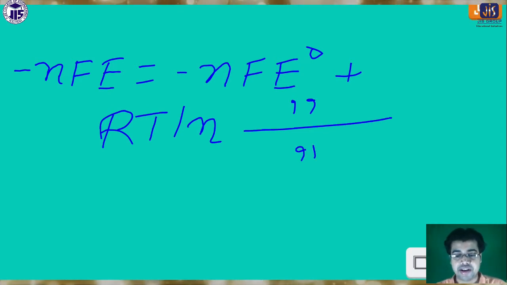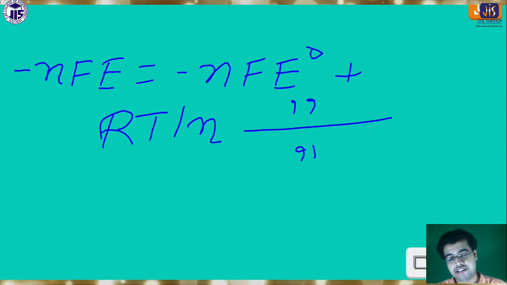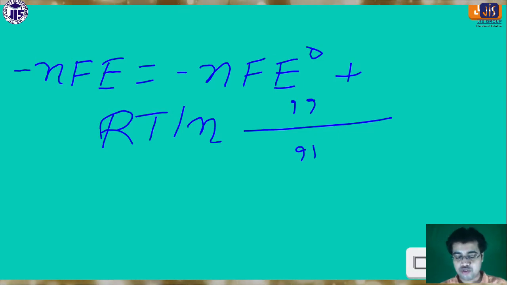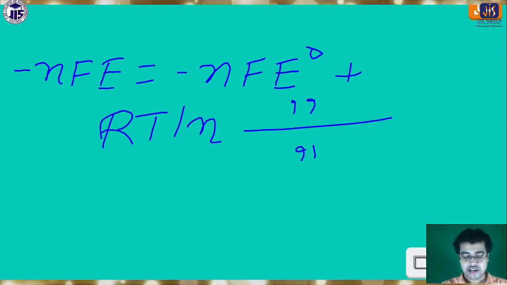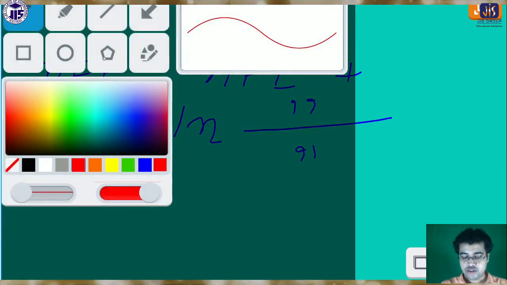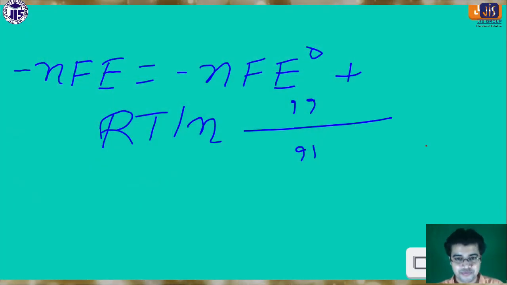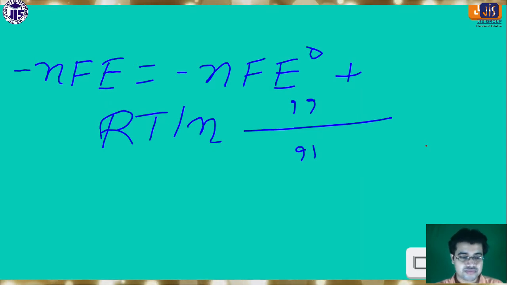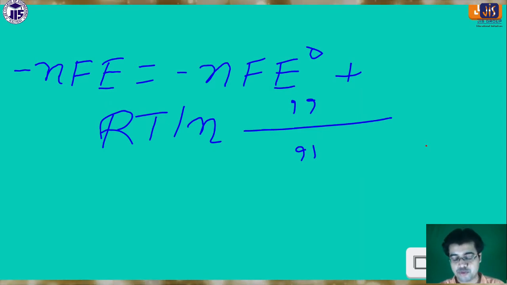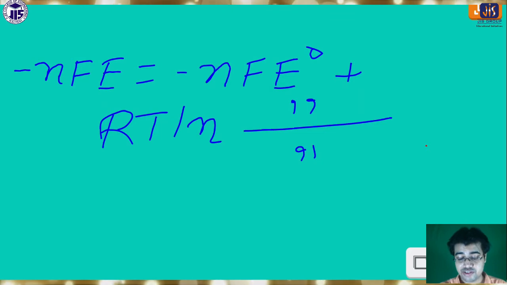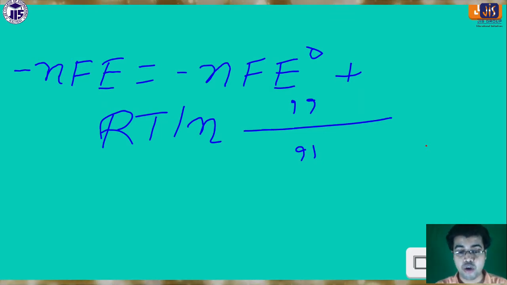Now we'll convert RT ln to log. If I convert ln to log, we have to multiply by 2.303, isn't it? And nF is the common factor, so we take it common.